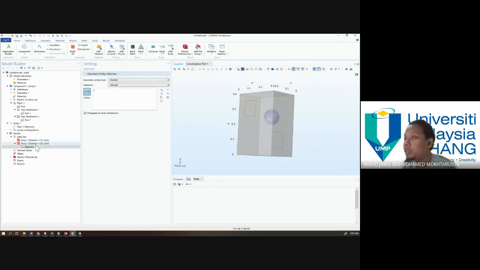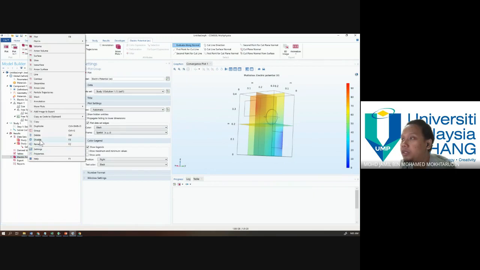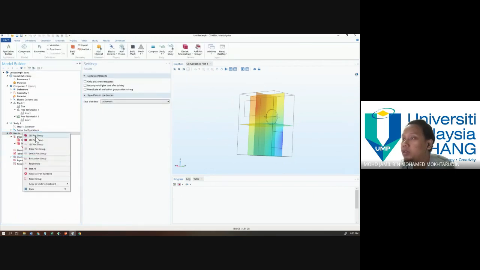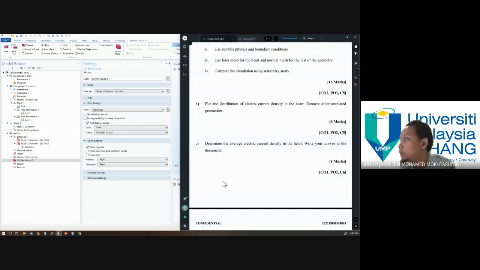Okay, and then this one can be disabled. We don't want this. So right click results, 3D plot, and then change the data set to number 2. So we get the heart only. And then the question asks you to draw the distribution of electric current density.